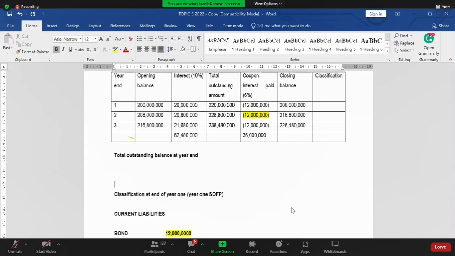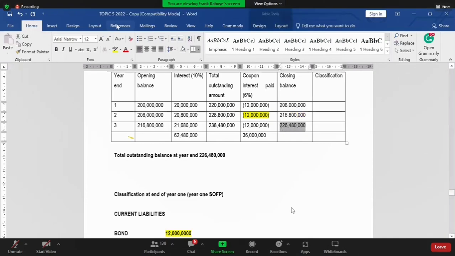So the total outstanding balance at year end, at the end of the 3rd year, we have paid... so this is the amount which is outstanding at the end of the 3rd year.